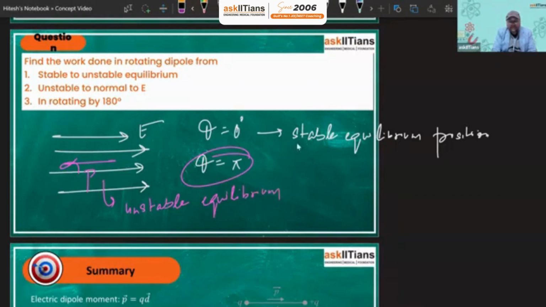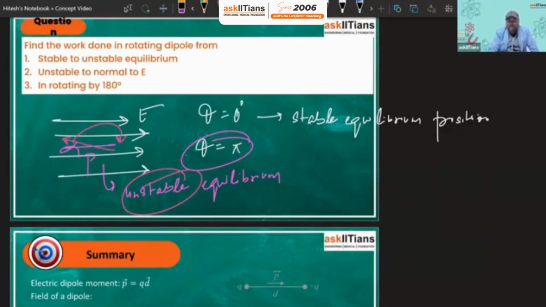Obviously, it will not experience any torque in this position because sin pi is 0. But if it is disturbed by a very small angle, it will rotate like this and will not come back to this position. That is why it is unstable equilibrium, right?